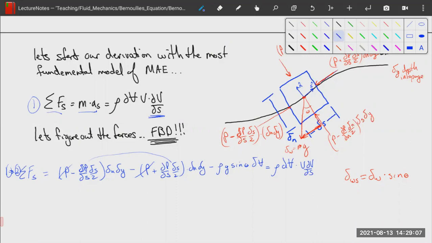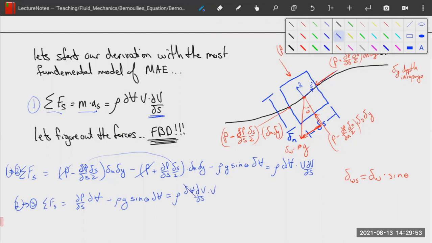So when we rewrite this, we get that the sum of our forces in s is equal to minus dp/ds dV minus rho g sine theta dV, which is equal to rho dV times V dV/ds.